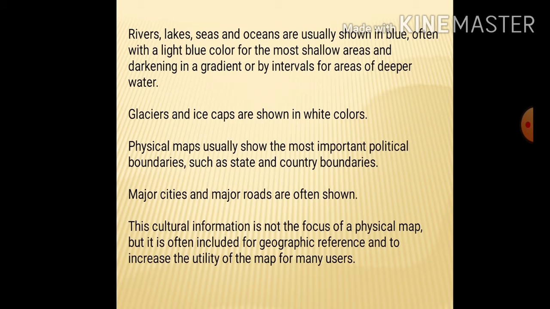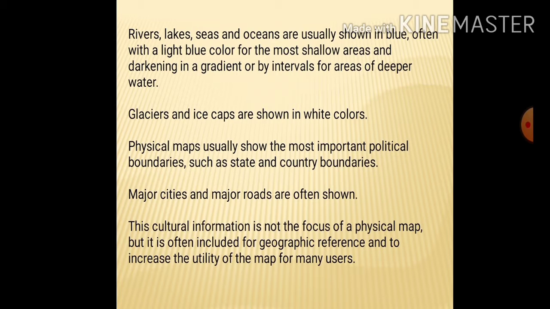Rivers, lakes, seas, and oceans are usually shown in blue, often with a light blue color for the most shallow areas and darkening in a gradient or by intervals for areas of deeper water. Glaciers and ice caps are shown in white colors.